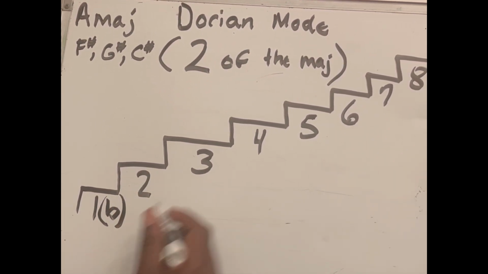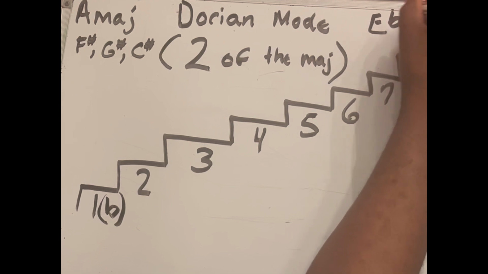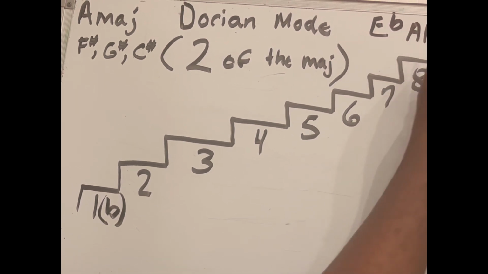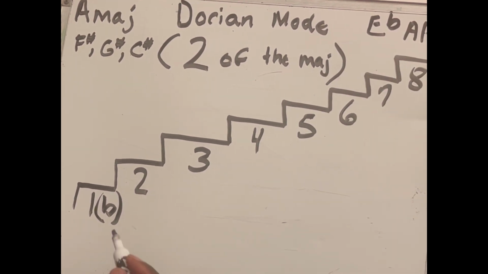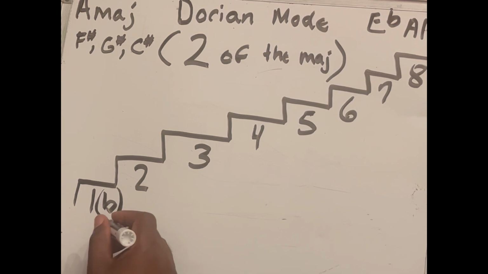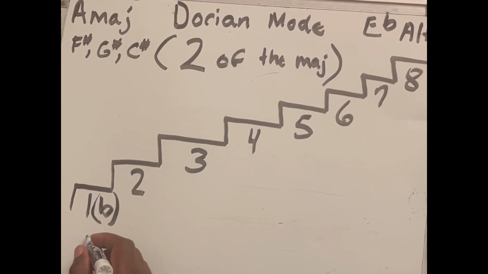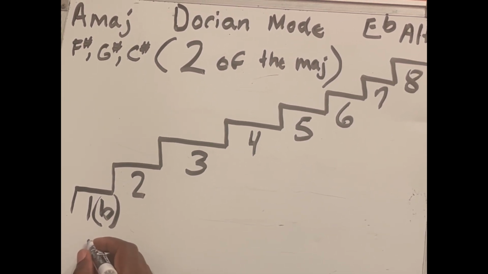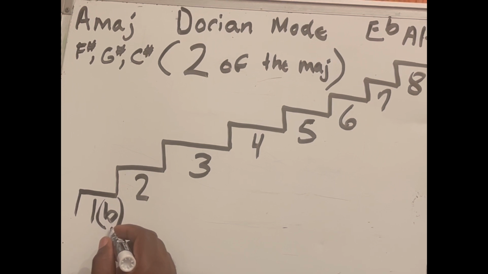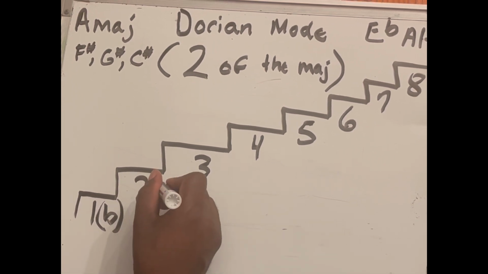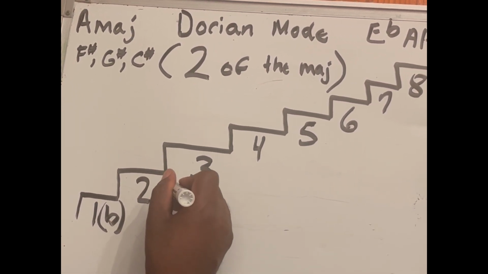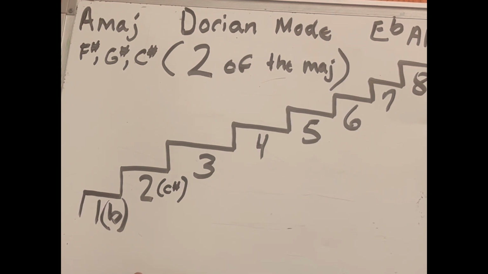Now I'm thinking E flat alto. You that play the tenor, you can adjust. So we got B, and then if we think about A major, what comes after B is going to be C sharp. So I'm going to put C sharp there. Hopefully you're keeping up.